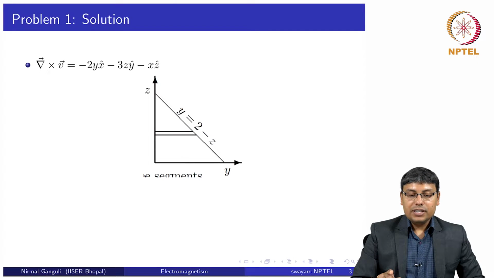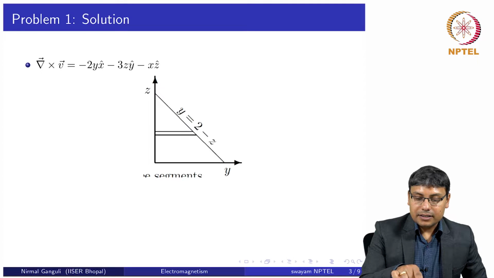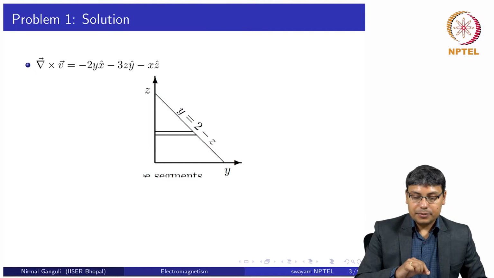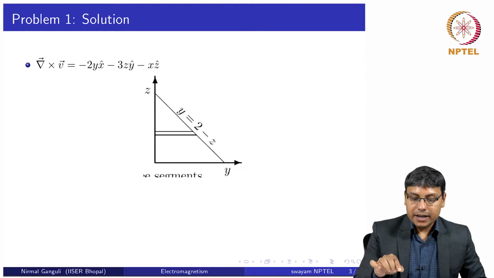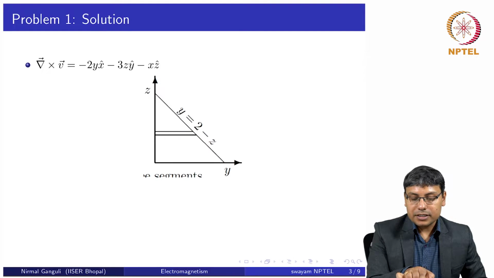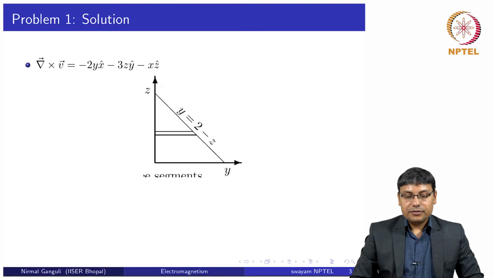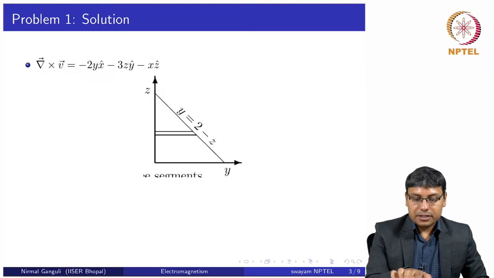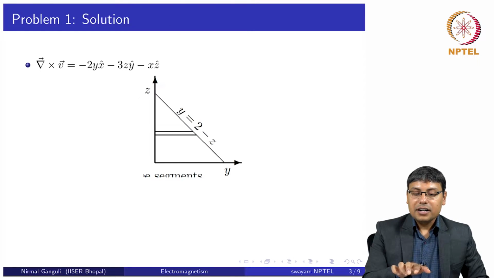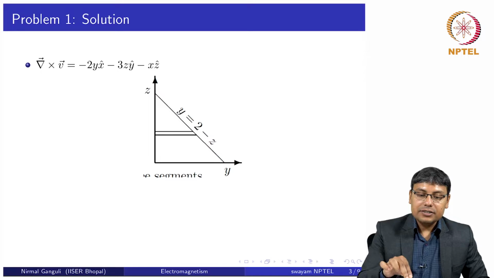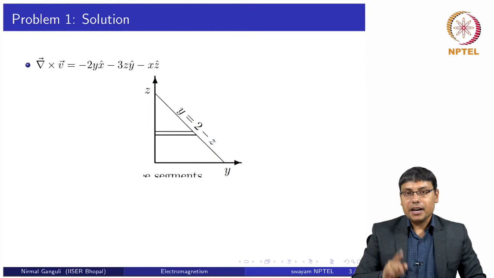And now we can see that we can consider an area element like the one shown here in the picture. So, the area element is shown by these two parallel lines here. It is a trapezoid that we have here, and if we move this trapezoid along z axis, we can cover the entire area of this triangle.